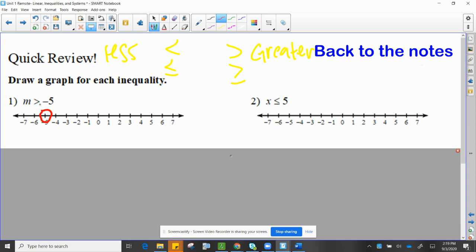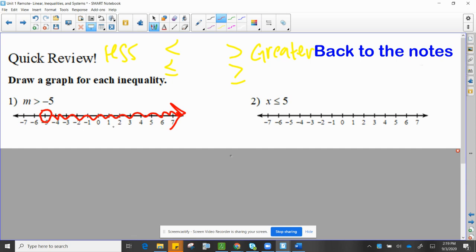So since this is greater than, the numbers that are greater than -5 are all of these numbers here to the right. So I would shade the number line, including all values to the right, because we're not saying that m equals -5. We're saying m is any number bigger than -5. So there's not just one answer. There's a whole range here.